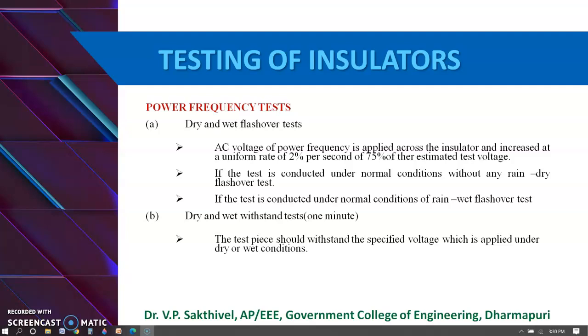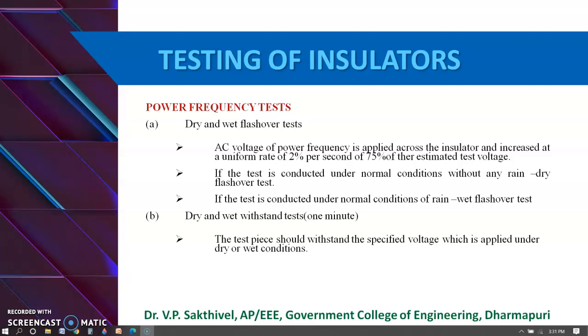The characteristics of the spray: precipitation rate is 3 mm per minute plus or minus 10 percent, direction is 45 degrees to the vertical, conductivity of water is 100 microsiemens plus or minus 10 percent, and water temperature is ambient temperature plus or minus 15 degrees centigrade.